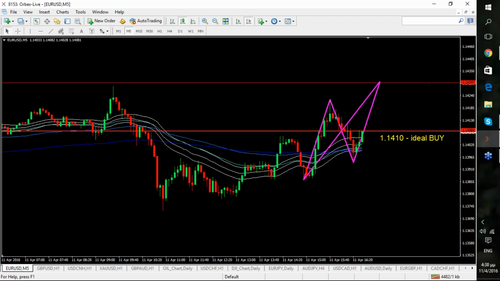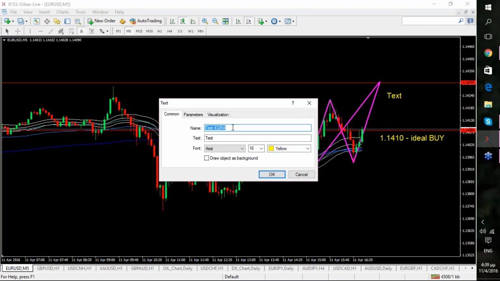So we have marked the 1.1430, or let's mark it as 1.1430, as your potential TP area. So that gives you 20 pips, very short term, to actually have a buy area.